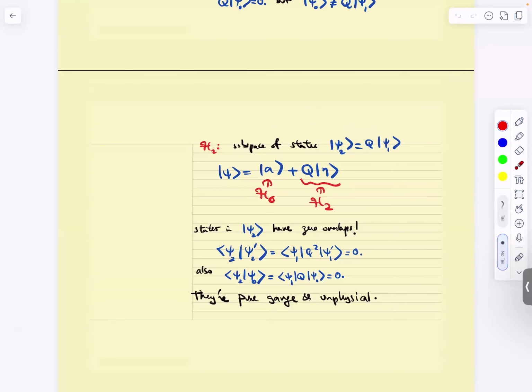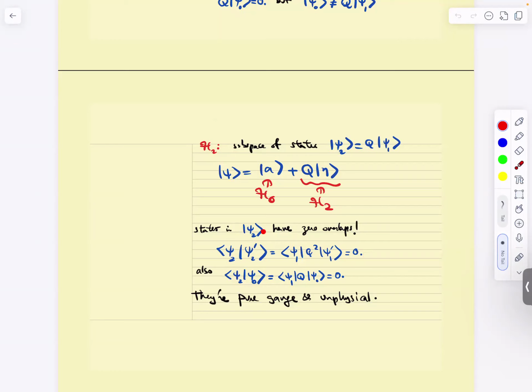Now, why are we doing this? Because states in H2 have 0 overlap. Think about 2 states in H2. Each of them is Q of something. So there's Q here, there's Q here. You get Q squared in the middle, which is 0.